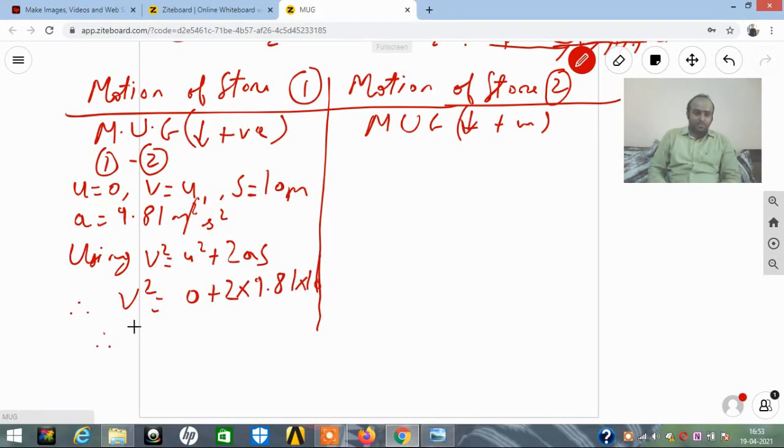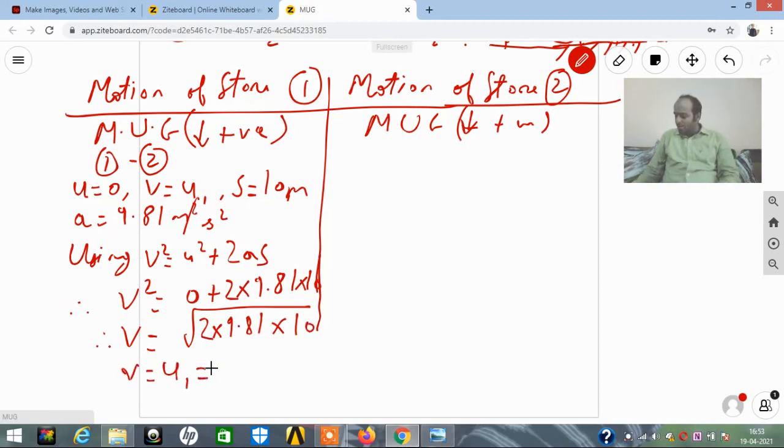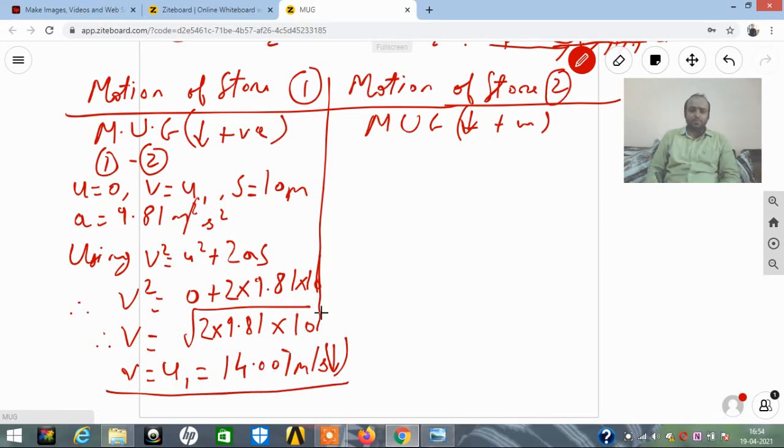So v is equal to square root of 2 into 9.81 into 10, and the value of v, that is u1, is 14.007 meter per second vertically downwards. That is nothing but u1, the motion of the first stone.